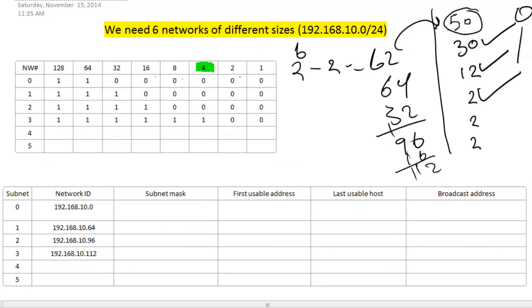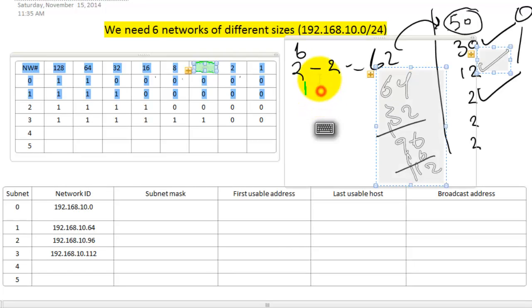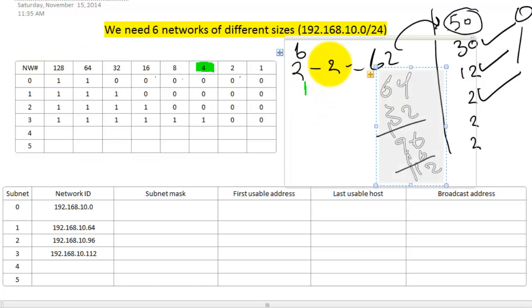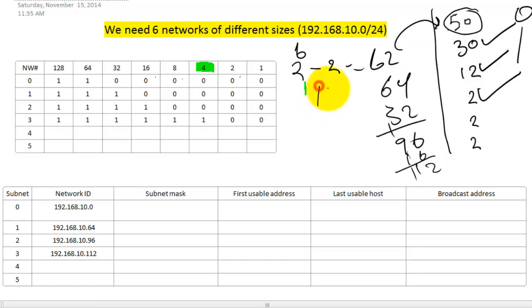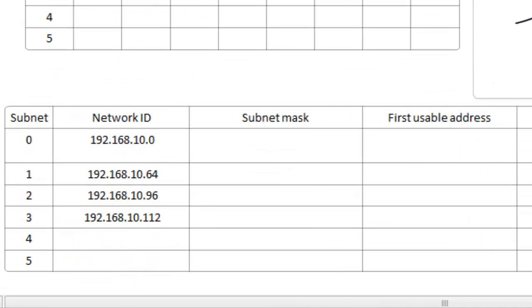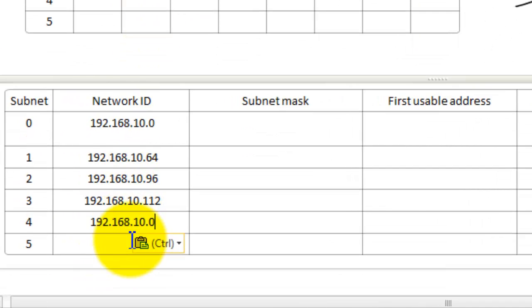So here we stopped at 112. So 112 plus 4, that will be 116. So the next network ID will be 116.